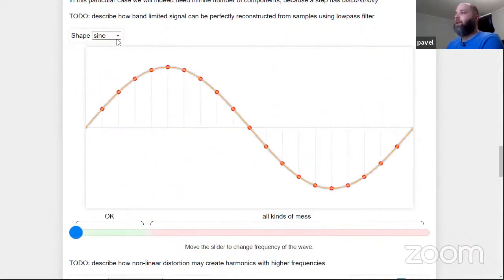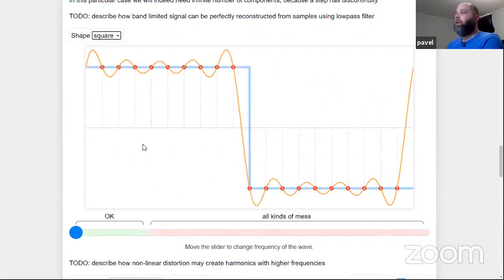We can look at another example here. Here the initial signal is the square wave. You may have heard about that, which is used very widely in audio production and not only audio production.